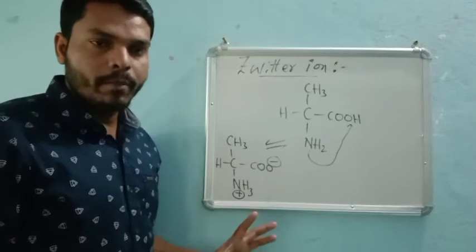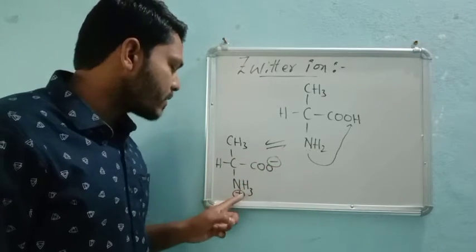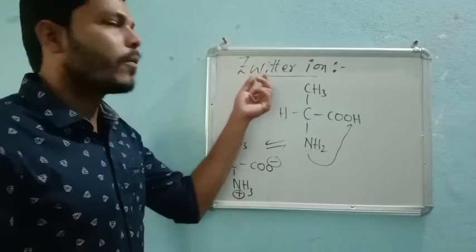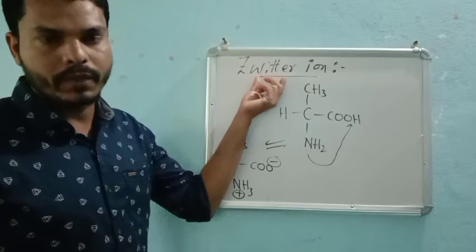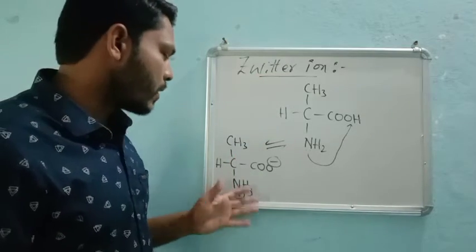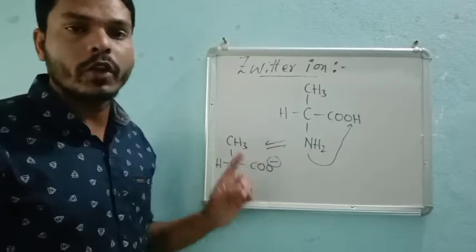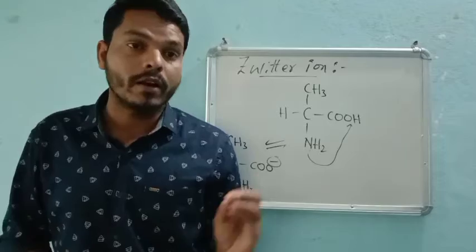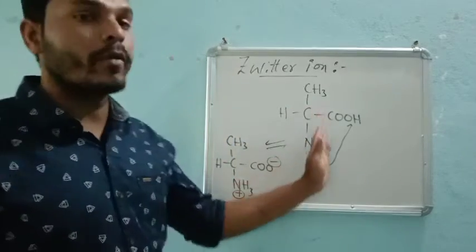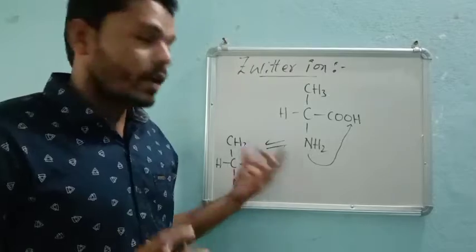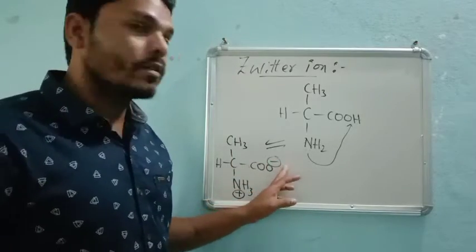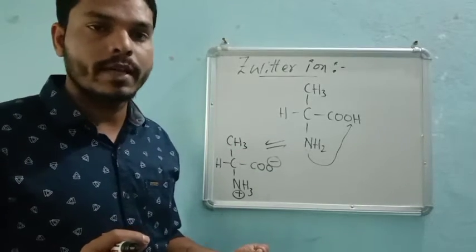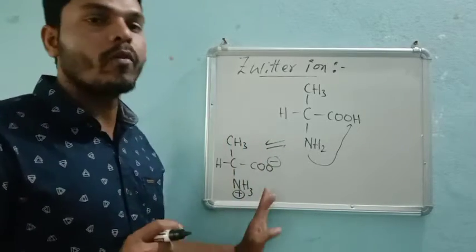If in a compound both the charges are present, positive as well as negative, then such compounds are called Zwitterions. Understood? A Zwitterion is nothing but a single compound in which both charges are present, positive as well as negative, or a compound that has the capacity to show both charges in its compound form.